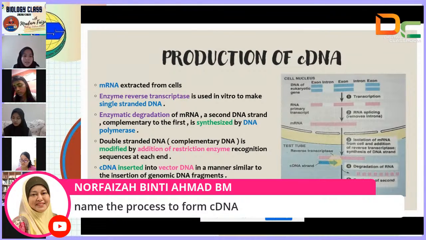Then after enzymatic degradation of mRNA, the second DNA strand, complementary to the first, is synthesized by DNA polymerase, making it double-stranded. Double-stranded DNA is modified by addition of a restriction enzyme recognition sequence at each end. The cDNA is inserted into vector DNA in a manner similar to insertion of a genomic DNA fragment.